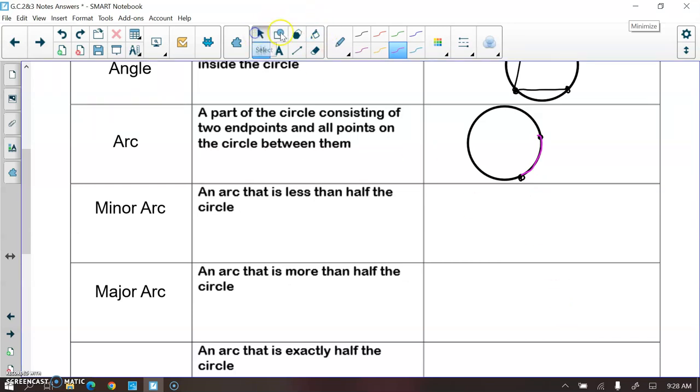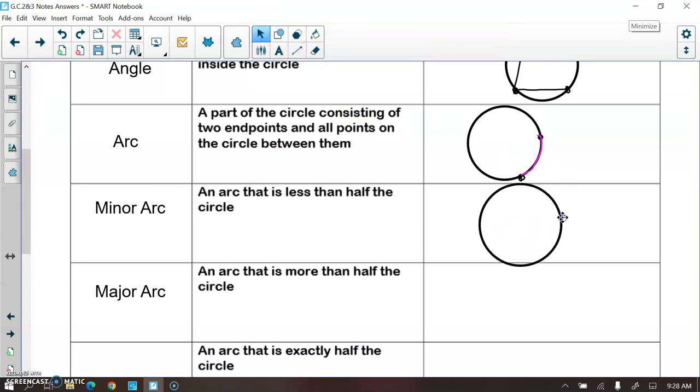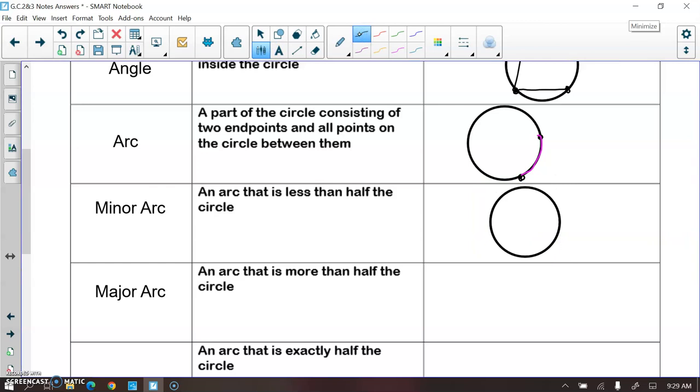So there's 3 types of arcs that we could be dealing with. An arc that's less than half of your circle is called a minor arc. So that would be exactly like the one that I drew above. So it could be something like this is a minor arc. However, we need to determine how we name minor arcs.